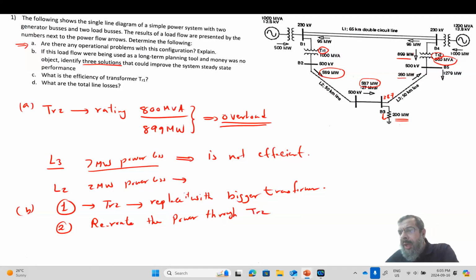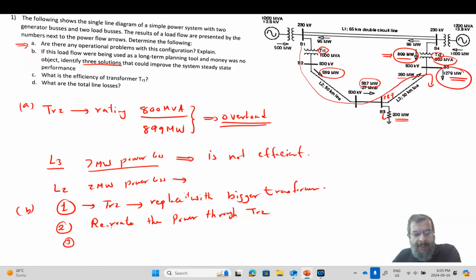Now TR2 carries almost 900 megawatt to supply this load. If we did not change the transformer, I can supply more power from this other route to this load. This is maybe not the most efficient way, but at least you will not overload the transformer, which is usually very, very expensive.